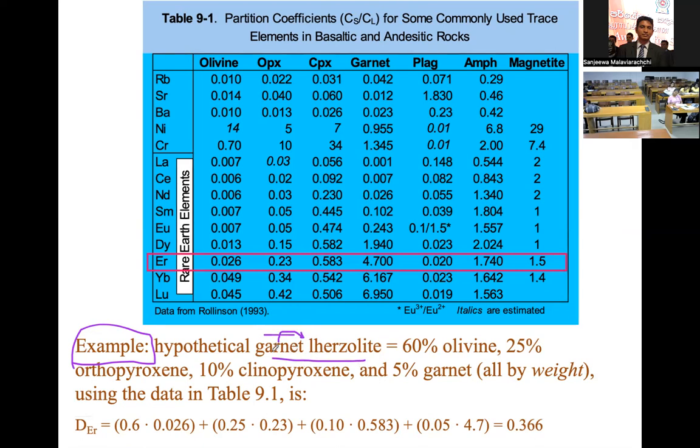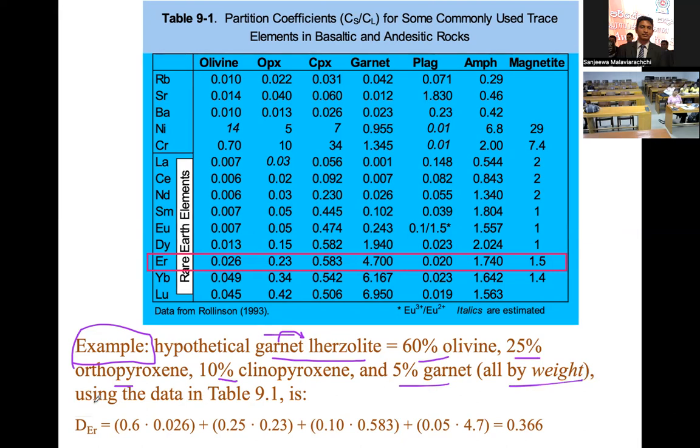So this is a mantle rock, and the hypothetical composition is 60% olivine. These are the modal percentages: 25% orthopyroxene, 10% CPX, and 5% garnet. They are all given by weight. It doesn't matter whatever the weight. You can have your own visual estimation also as the modal percentage.